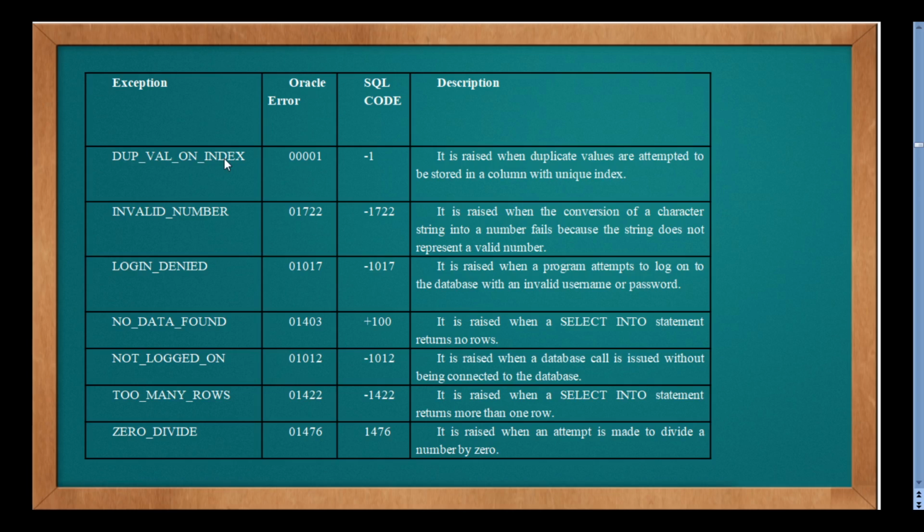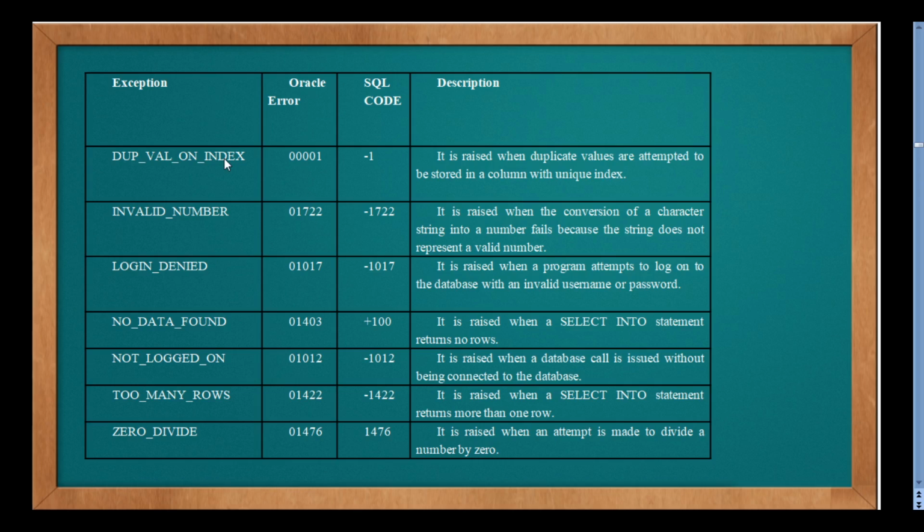And NO_DATA_FOUND is raised when a SELECT INTO statement returns no rows. The NOT_LOGGED_ON exception is raised when a database call is issued without being connected to the database. So without being connected to the database, if you try to perform operations, it raises the exception NOT_LOGGED_ON. Now coming to TOO_MANY_ROWS. It is raised when a SELECT statement returns more than one row.